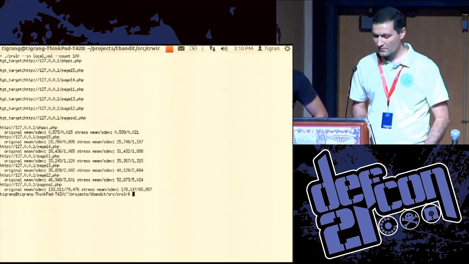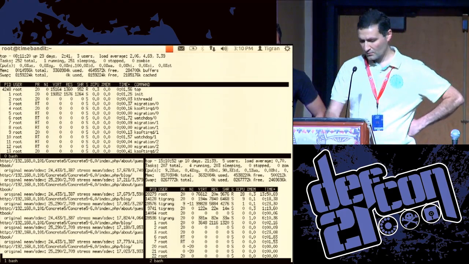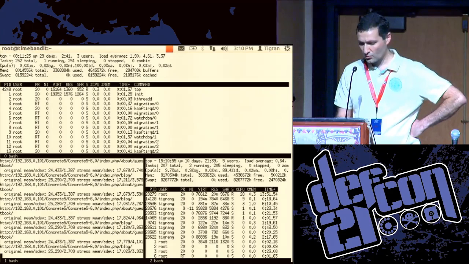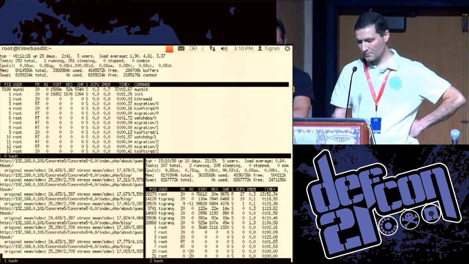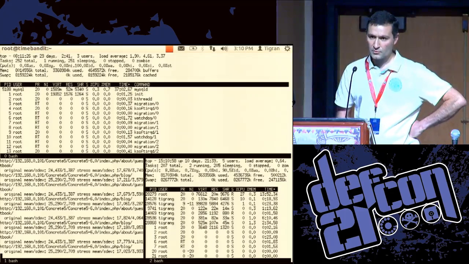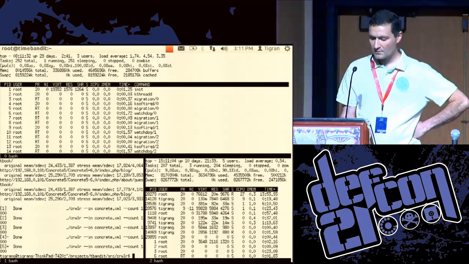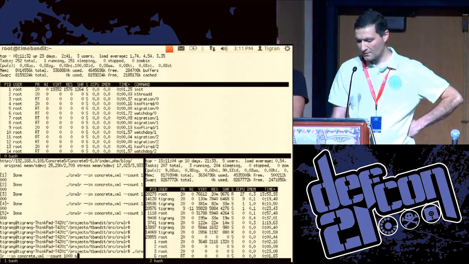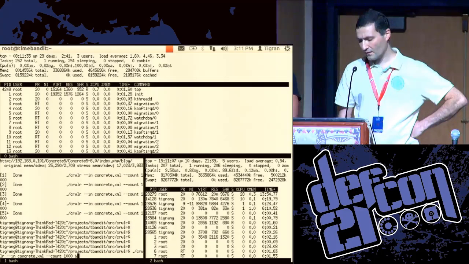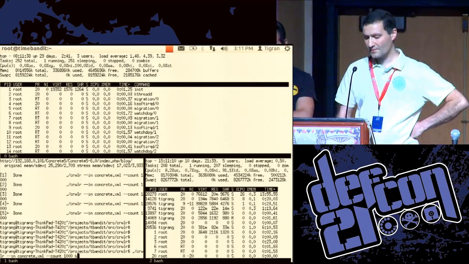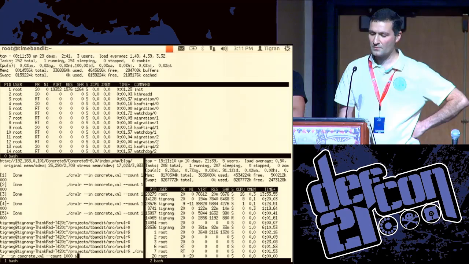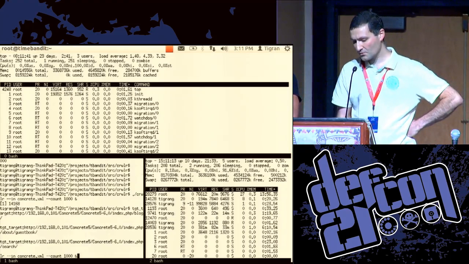Now a bit about this asynchronous nature. This slide shows 3 screens. The top one is the top utility output of the web server. The bottom right one is the client. You can notice that the client has about 9.5% CPU usage, and this is mostly because of the recording software. And the server has 0.